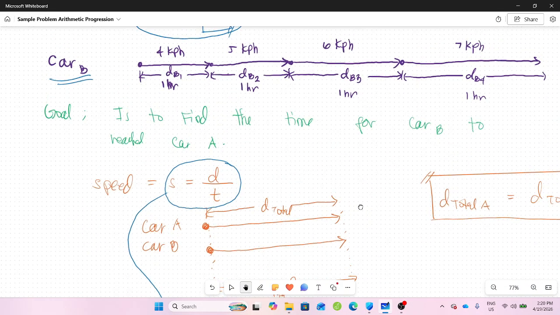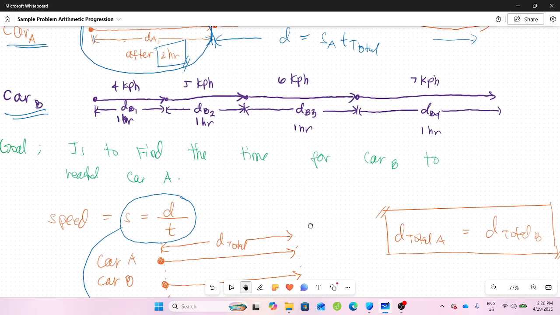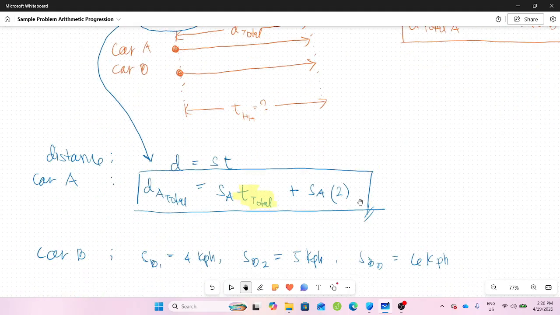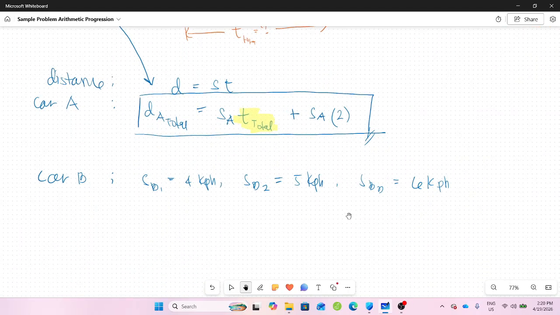Going back here, just like what I showed you earlier, for 4 kilometers per hour, it traveled a different distance. So we have to get that one. Same here for 5 kilometers per hour, we have to add the distance traveled here, and so on and so forth. So we are going to make an equation to represent this.